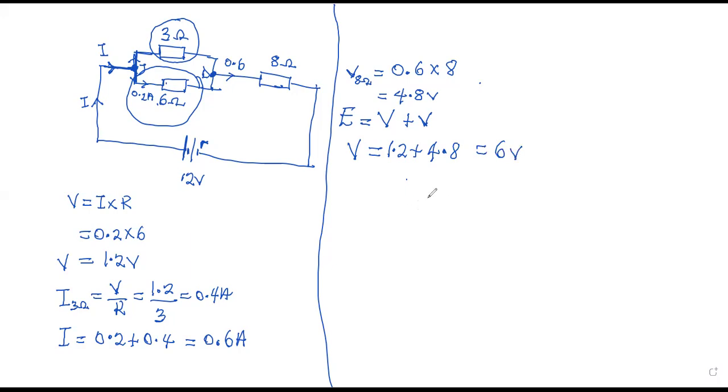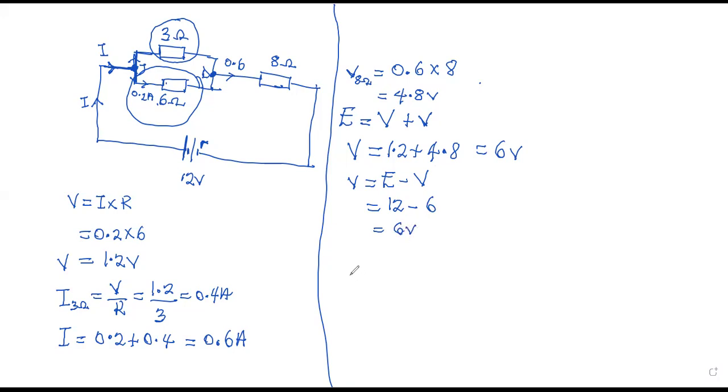Okay, so the terminal potential difference or terminal voltage is equal to 6 volts. Once we have the terminal potential difference, we can find the lost volt. The lost volt, small v, would be equal to EMF minus the terminal potential difference, which is 12 minus 6, giving us 6 volts.